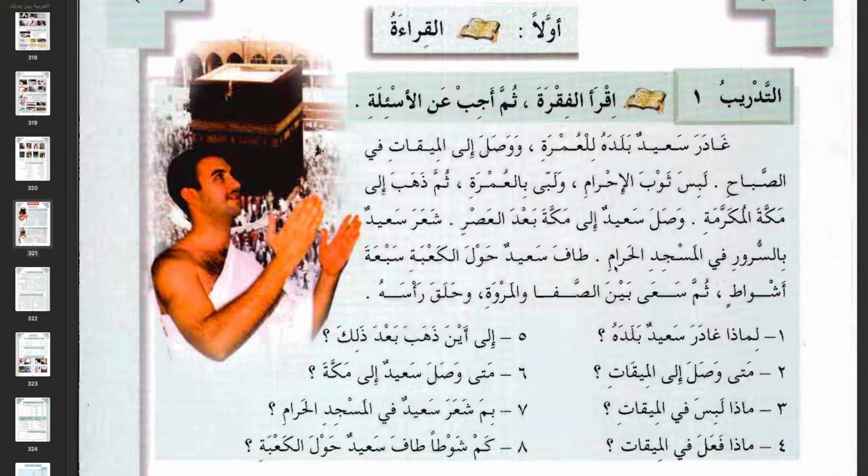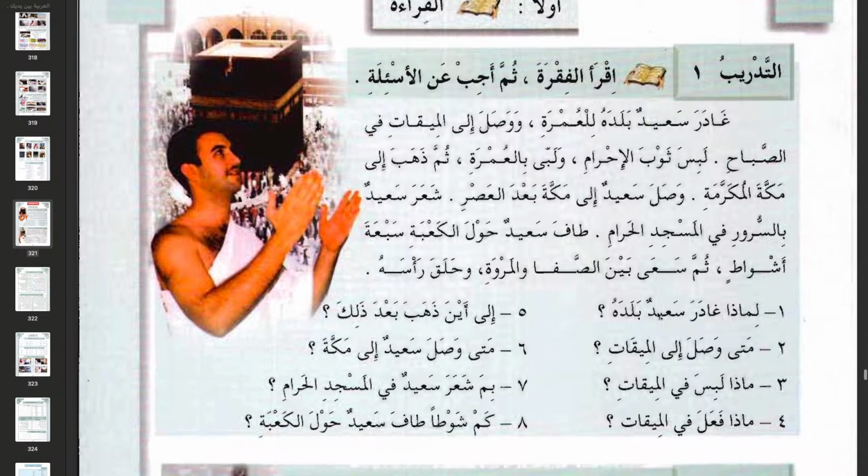So Sa'id did tawaf around the Kaaba 7 rounds. In other words, Sa'id did 7 rounds of tawaf around the Kaaba.